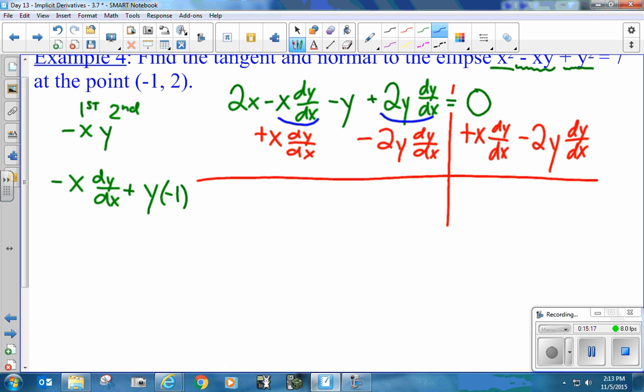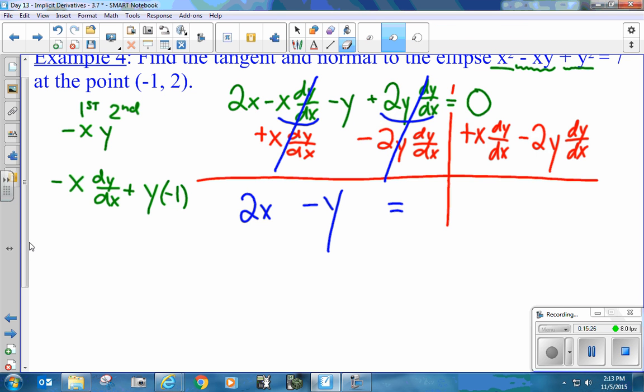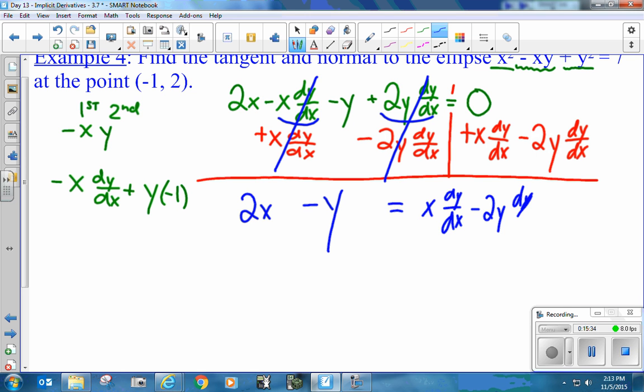Okay? So I have left here my 2x, because this cancels. I have my minus y, because this cancels. Equals x dy dx minus 2y dy dx. Now what do I do? I factor it out.